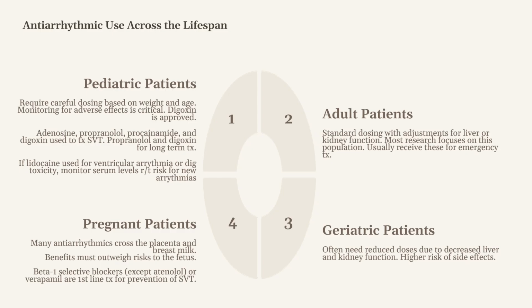For adult patients, we want to monitor them closely. Geriatrics could have increased risk for side effects and may need decreased doses. Most of the drugs to treat arrhythmias are going to cross the placenta and breast milk, so we need to make sure the benefits outweigh the risk. Usually, beta blockers are going to be first-line treatment.